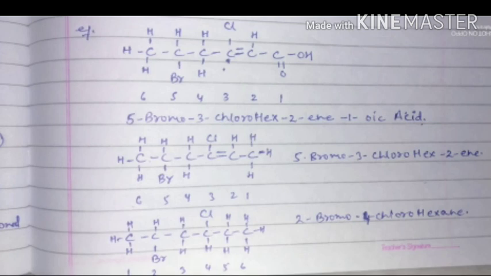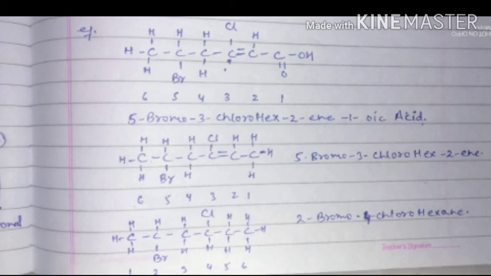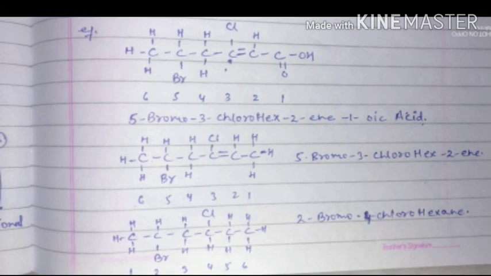Okay, then in the third one, I have removed the double bond also. So now you have two options. You can give the numbering from the right hand side as well as the left hand side. But if you give from the right hand side, the chloro will get 3 and the bromo will get 5.